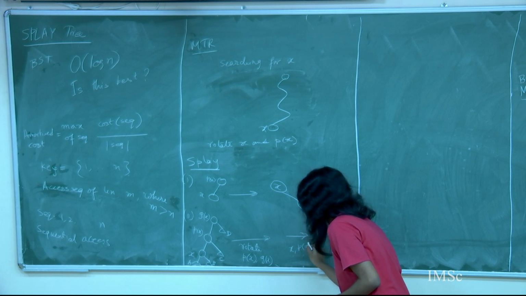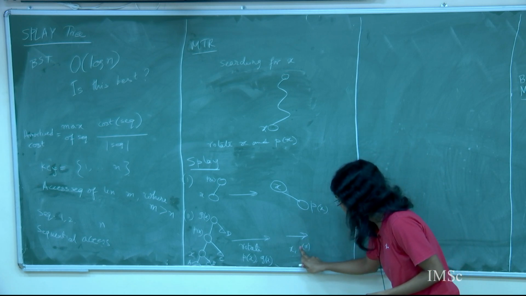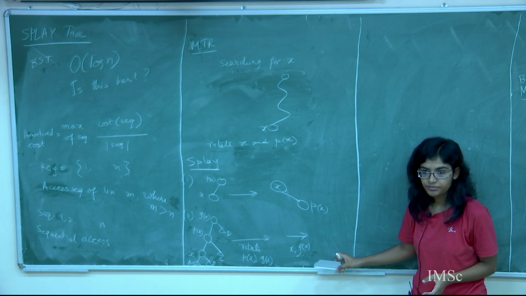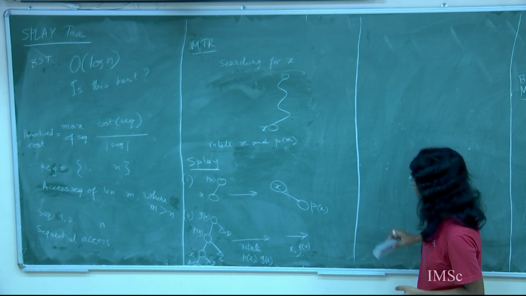Note that in this step, p of x is actually the g of x of last time. So I should write g of x. Did you get the rotation? Let me just draw it here.